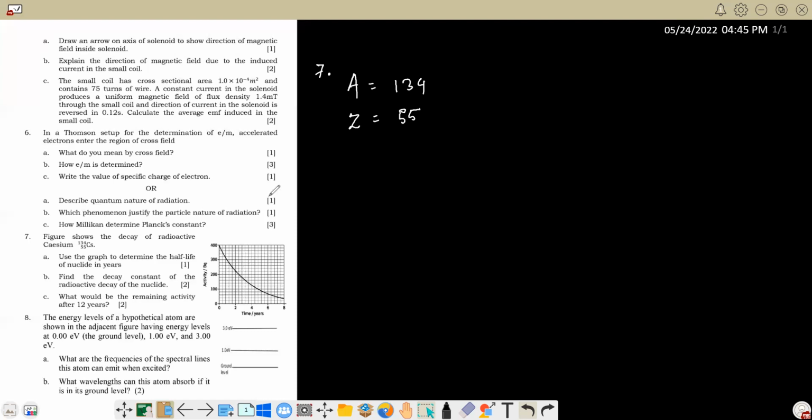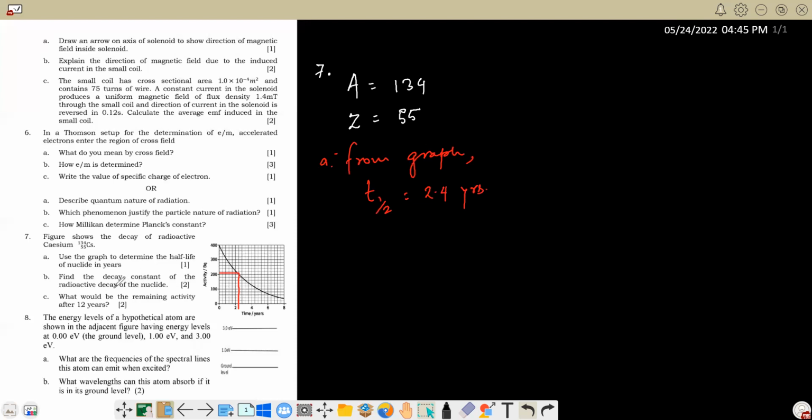Okay, let's use another pen. So this 200 is intersected in here. Okay, so this is your 2.4 years. So from the graph, T half equals 2.4 years. Okay, this is for 1 mark.